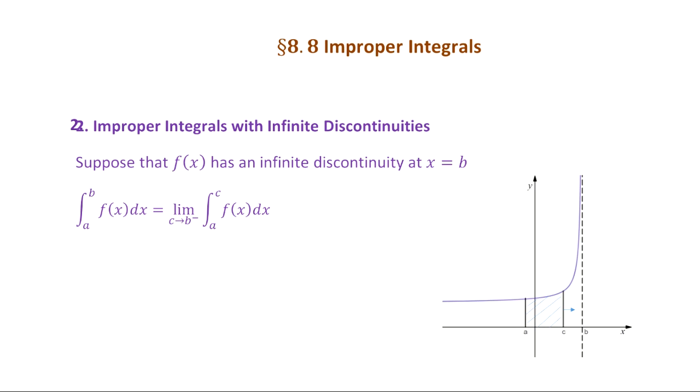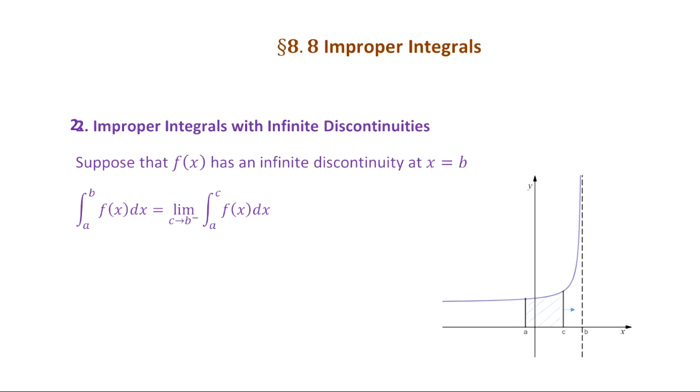And then we got another situation in type 2. So this time, the function has a tail on the top instead of on the left or on the right.